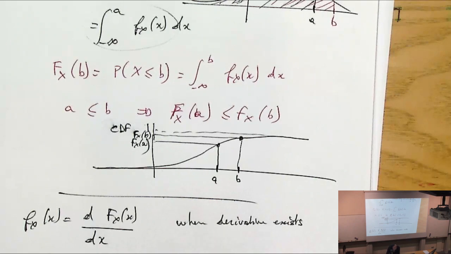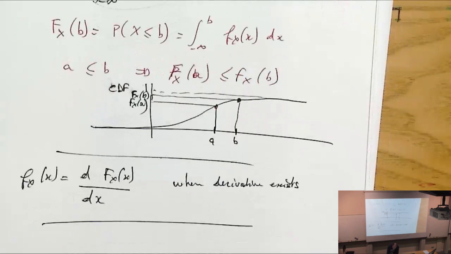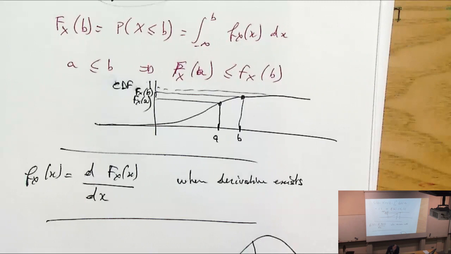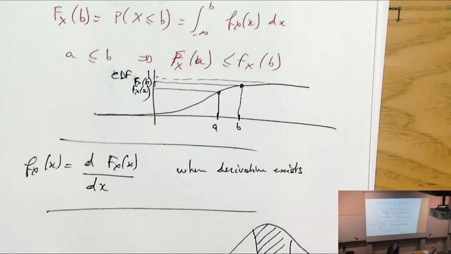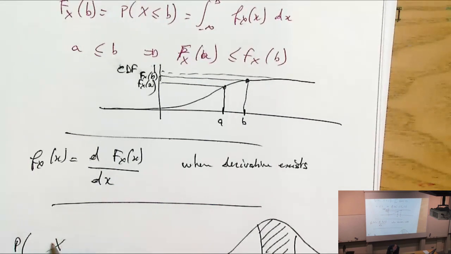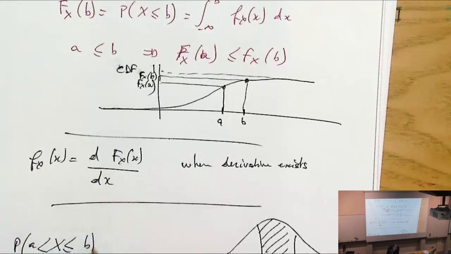So what if I want to compute some probability now? I have this distribution, I have A and I have B, and I want to look at this quantity here. I have essentially two options.